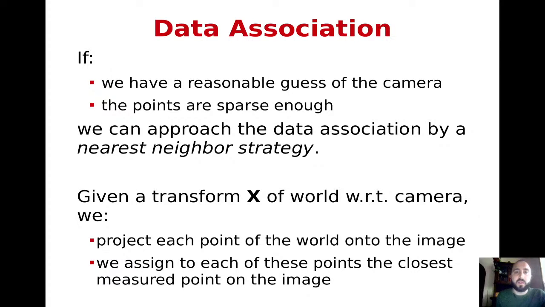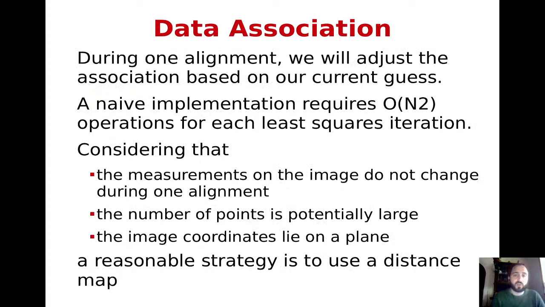The dummy version of it would be to take all the 3D points that can be projected into the image, and then take the closest measurement in the sense of the distance in the image plane. So I have to check, for each projected 3D point, against the number of measurements that I have. That is a solution, but it's really dummy because an implementation like that would take ages to give us the proper correspondences.